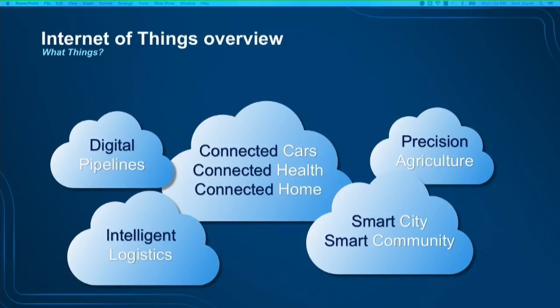This is the application side of the Internet of Things. You're going to see buzzwords, keywords, things like digital pipelines or intelligent logistics, connected cars, health, home, precision, smart cities, smart communities. It's a very application-focused approach to it.